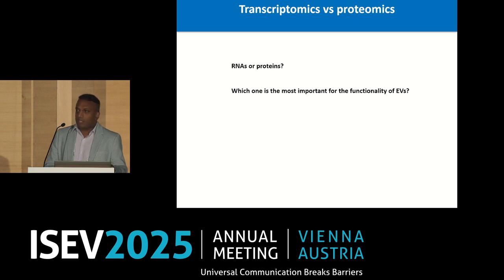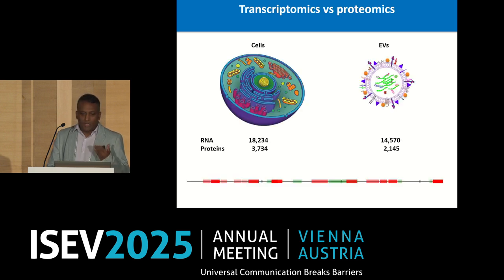Another question I get often is about RNA versus proteins. People say, I did an EV prep and I identified a lot of RNA, I did a cell-based analysis and identified a lot of RNA, but I'm not able to identify a lot of proteins. You need to be careful about this. When you do RNA, you can amplify the RNAs, and even a little amount of RNA can be amplified, analyzed and identified.